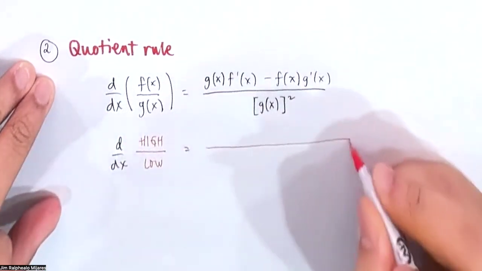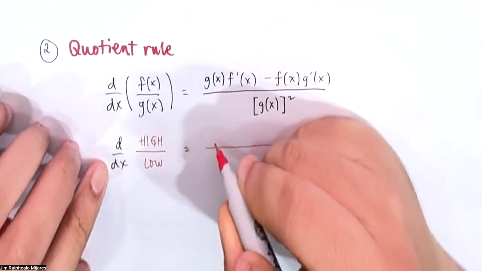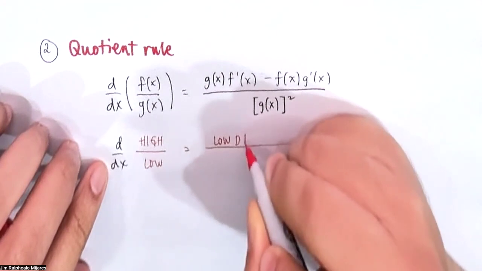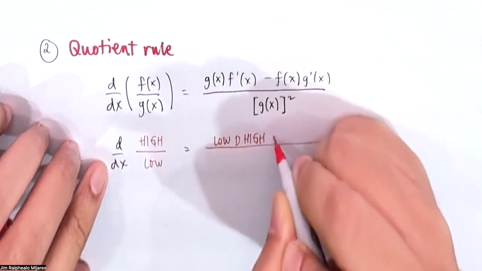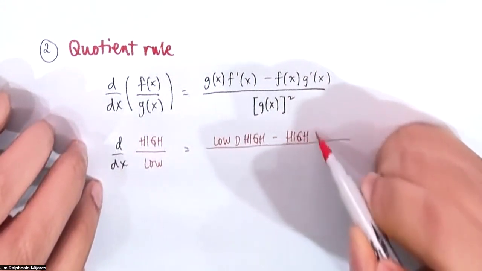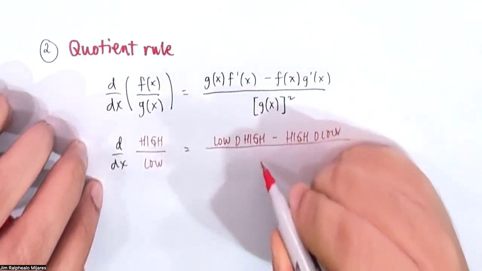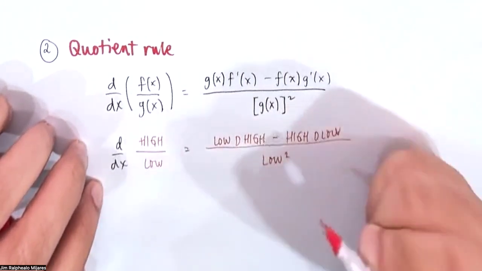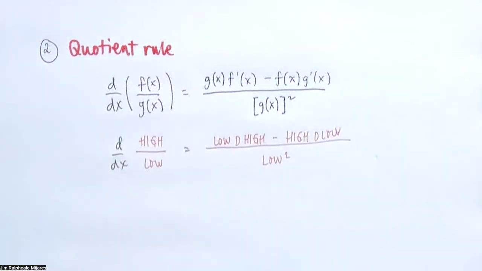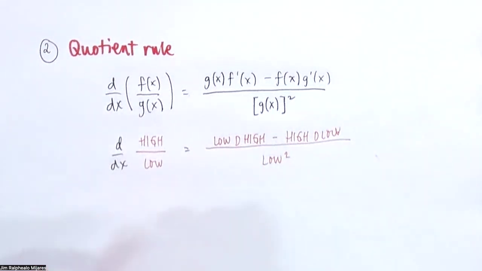So this is just gonna be low d high minus high d low, all over low squared. Again, the mnemonic is low d high minus high d low all over low squared.